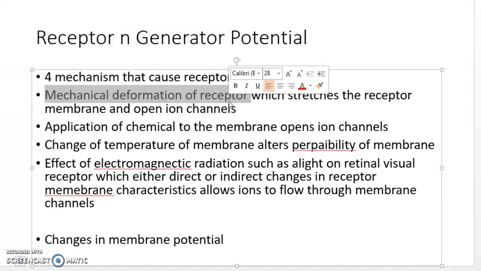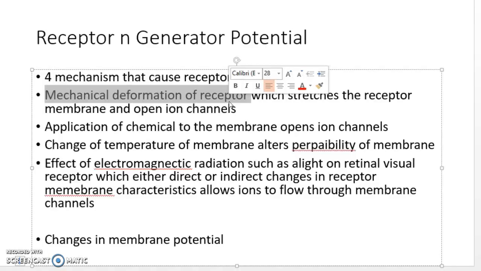Changes in temperature cause changes in membrane permeability, and electromagnetic radiation, such as light on a retinal visual receptor, either directly or indirectly changes the receptor membrane characteristics and allows ions to flow through the membrane channels.